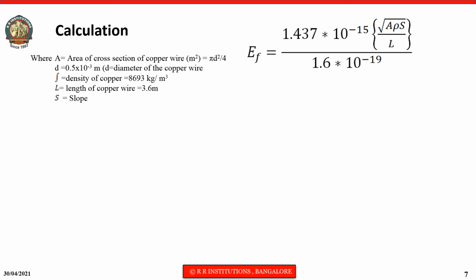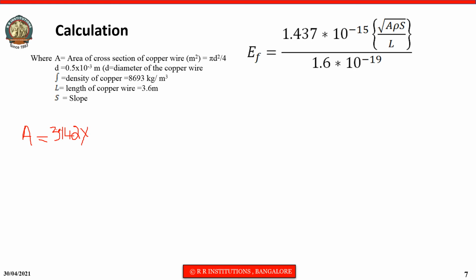Let us calculate Fermi energy. Before substituting here, let us first find out the area of cross section. A is equal to pi d square by 4. Pi is 3.142, multiplied by d square.